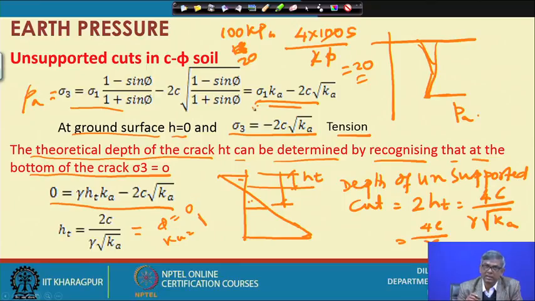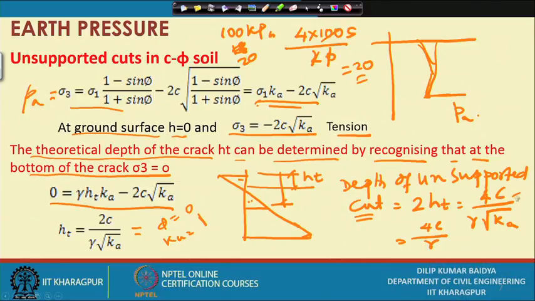Only thing, Ka and Kp value will be 1, and this is the generalized expression for unsupported depth of cut equal to 4C by gamma root Ka. If the soil is purely cohesive without any friction, then the expression is modified to 4C by gamma, because Ka becomes 1 when phi equals 0.